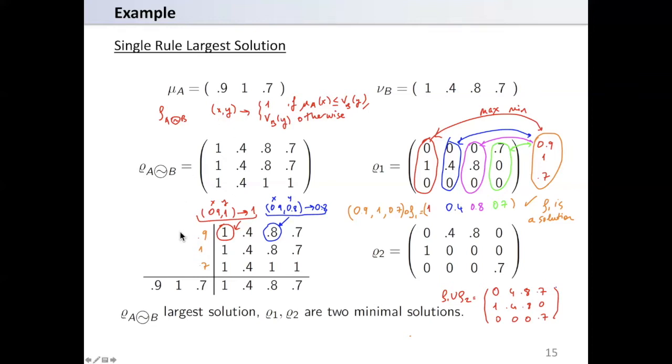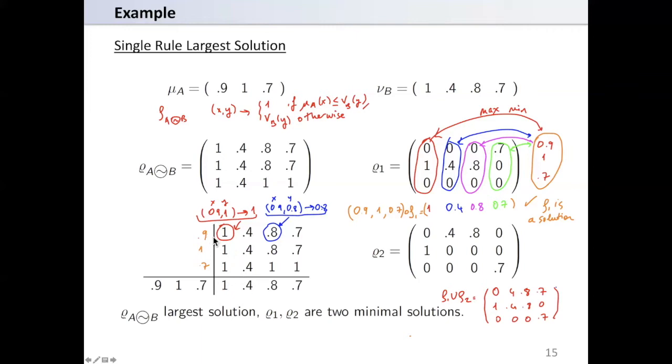Here, this is mu A and this is mu B. For each point, we are comparing the values. Here, we compare 0.9 and 1. Because mu on X is smaller than mu on Y, the value is 1.